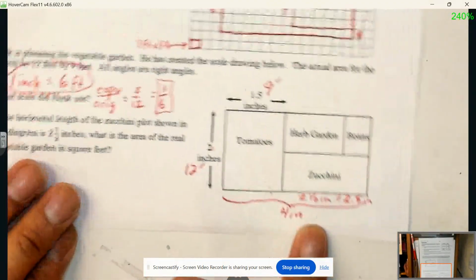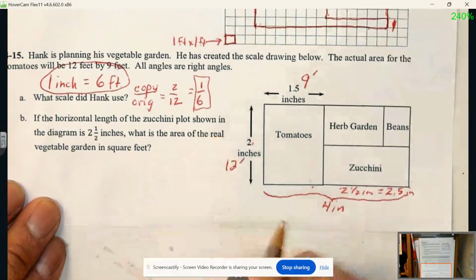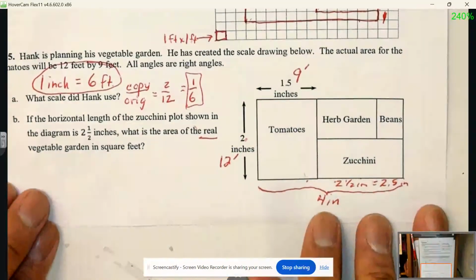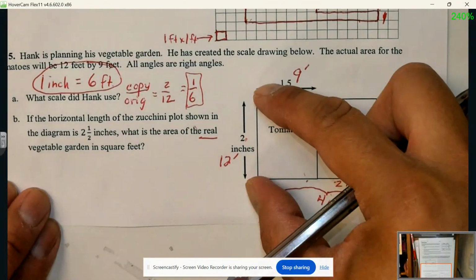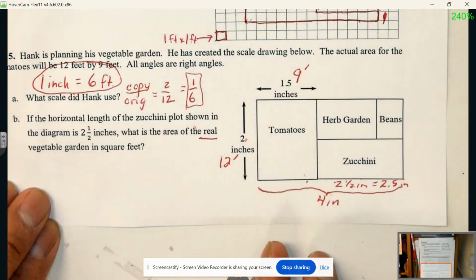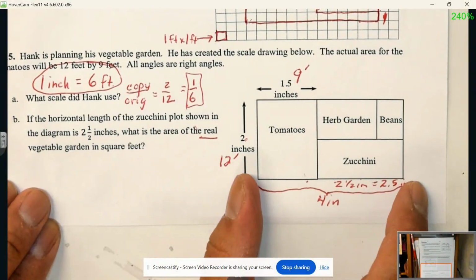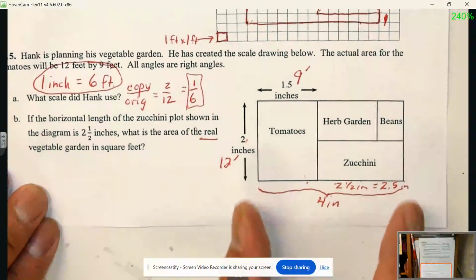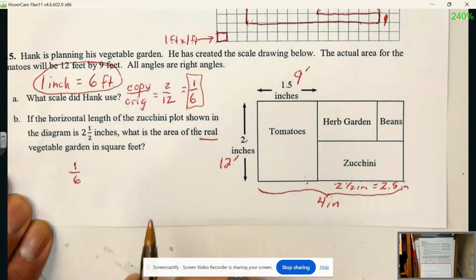Okay, now we need to find the actual length, because the real vegetable garden is going to be in feet. So we know that the height is 12 inches. I'm sorry, the height is 12 feet. We need to find out how many feet this is. So we know the scale is 1 to 6.